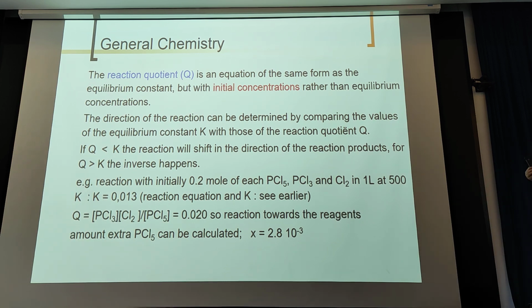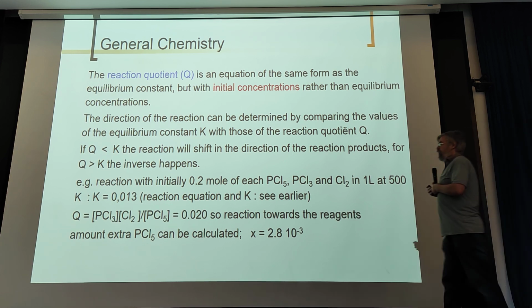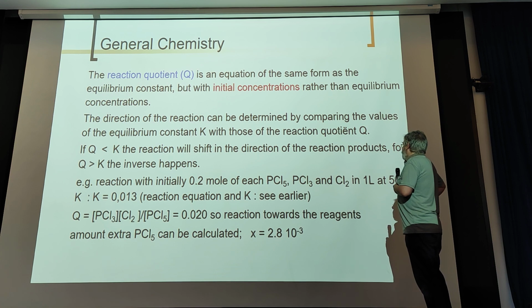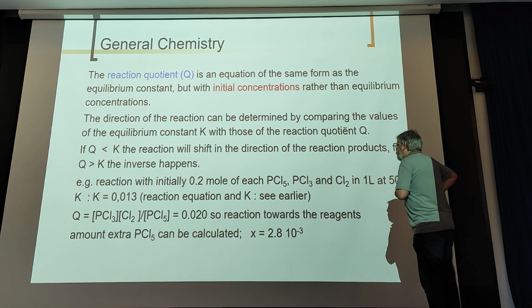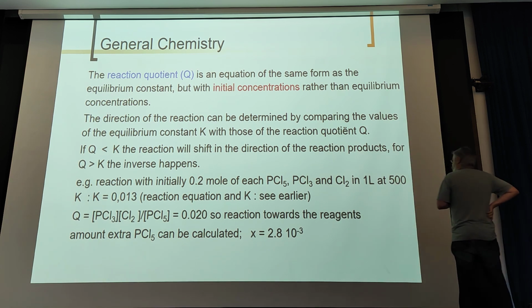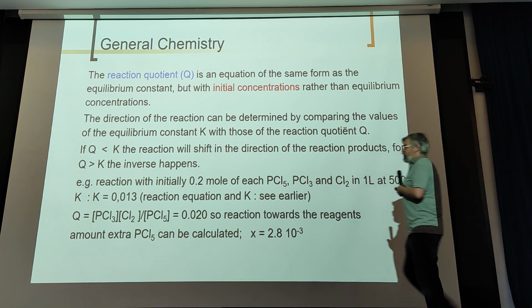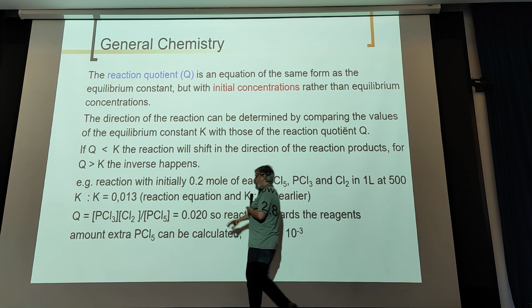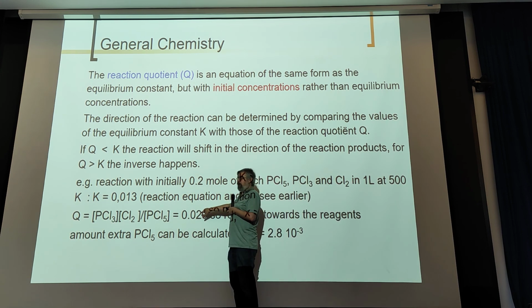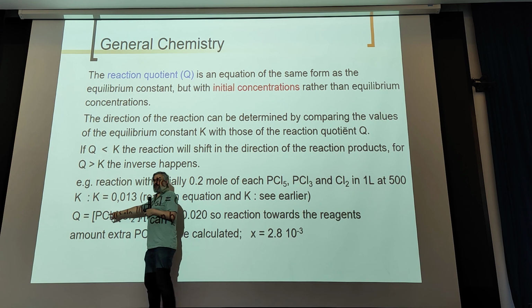So Q is then the ratio of all of the concentrations. In fact, all of these are 0.2 mole in 1 liter, so all of the concentrations are the same.